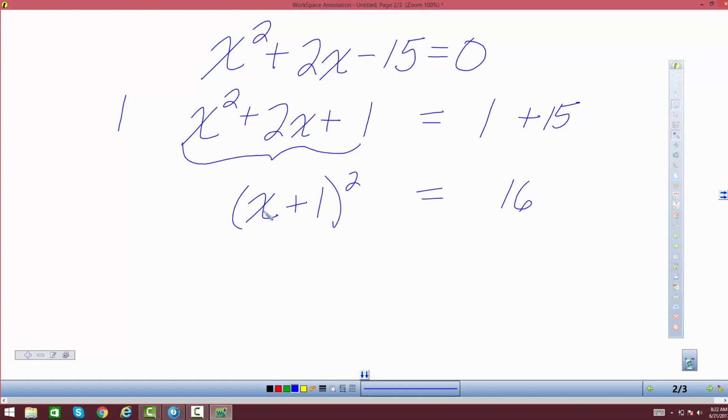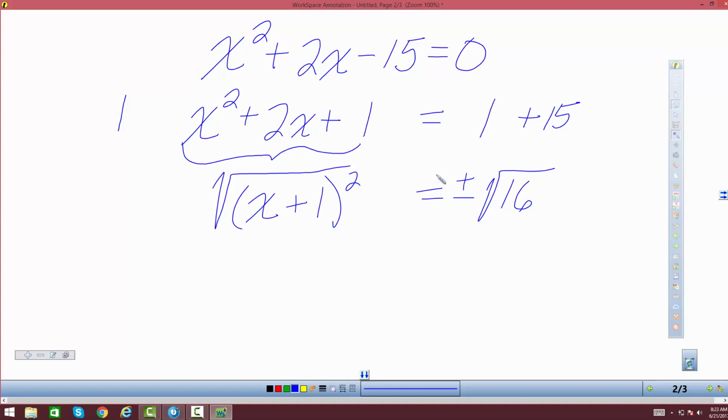My goal is to get x by itself, so I want to break it out of this squared term. The way to undo squaring is to take the square root. Since I took the square root of the left side of the equation, I need to take the square root of the right side of the equation. I also need to put in plus or minus.